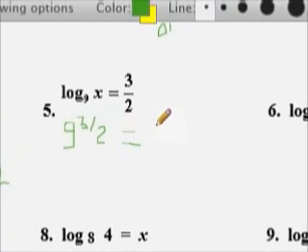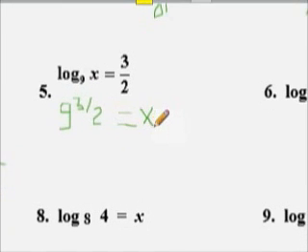Now it's really easy to find x. Then x equal 9 to the power of 3/2. That's the value. Here we have x equal 9 to the power of 3/2. We can leave it like that, or if we want, we can try to write x in another way, but that's the final result.